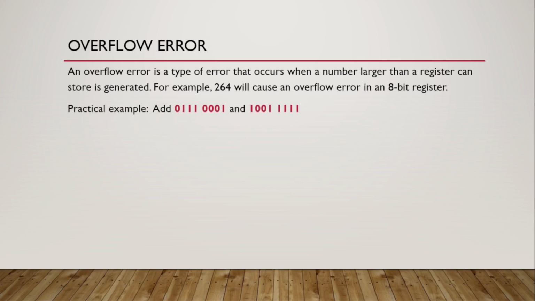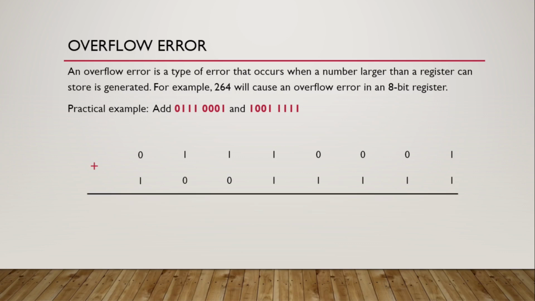Let's take a practical example with an addition. To add these numbers together, we are going to get something scary. Following our addition rules, we add 1 plus 1, we get 1 0, 0 carry 1, and we have another 1 plus 1, 1 0, 0 carry 1.